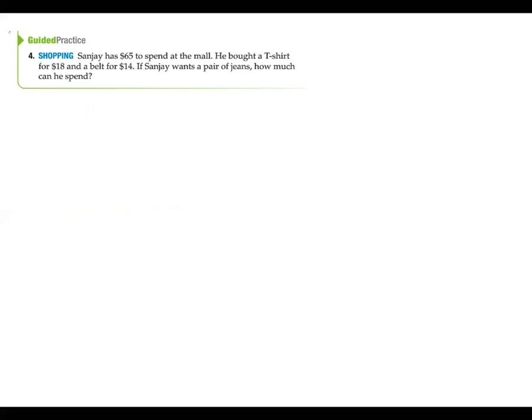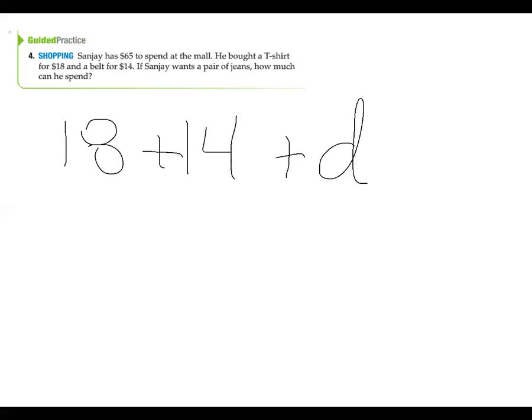All right, so Sanjay has $65 to spend at the mall. He bought a t-shirt for $18 and a belt for $14. Sanjay wants a pair of jeans. How much can he spend? So if I have $18 plus $14 plus some amount of money, that has to be less than or equal to 65 because he can spend at most $65.